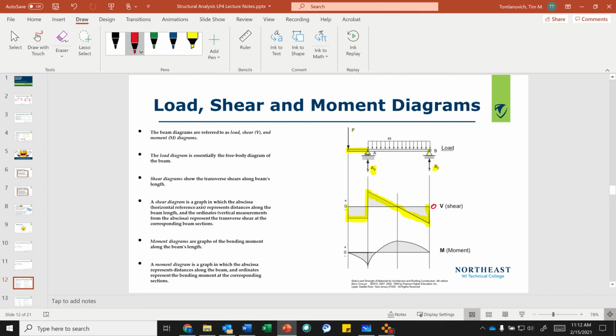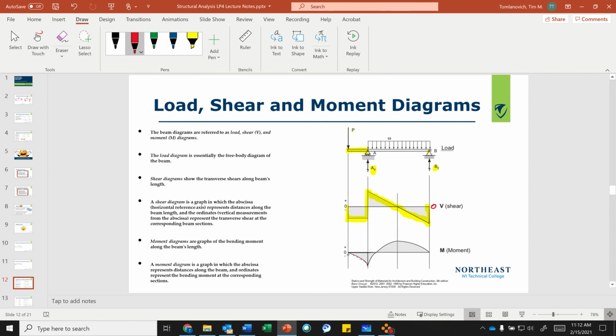Now I look at the moment. If I don't know how this curve goes, I could cut this beam every foot and calculate the moment and the shear, and you can create little data points and make your curve.